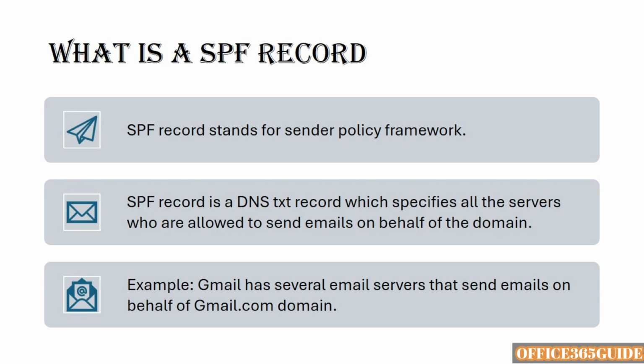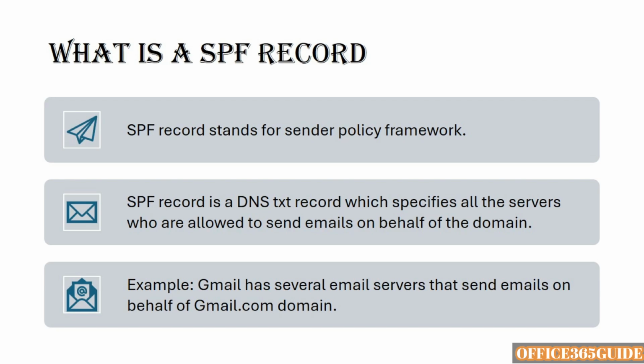Now, it is a DNS text record which contains information about all the servers that are valid for sending an email on behalf of a domain. So that record may contain IP addresses of the server or a DNS name that would point to another IP address.